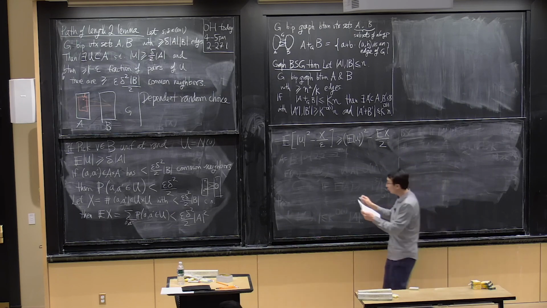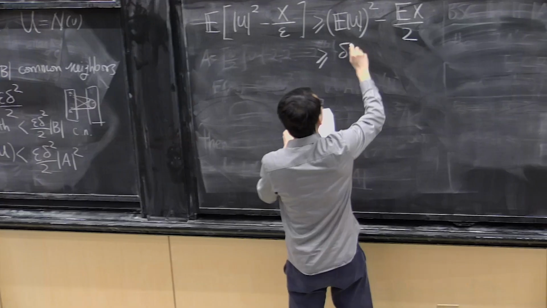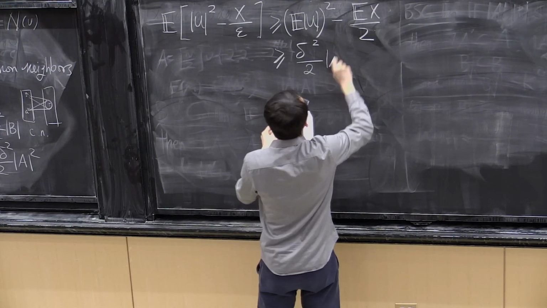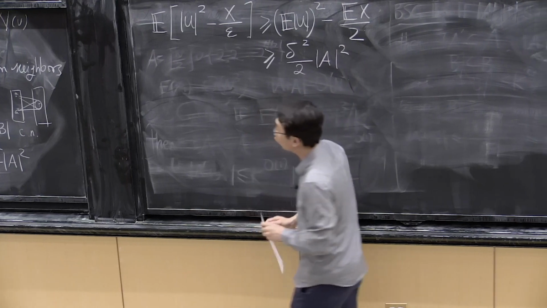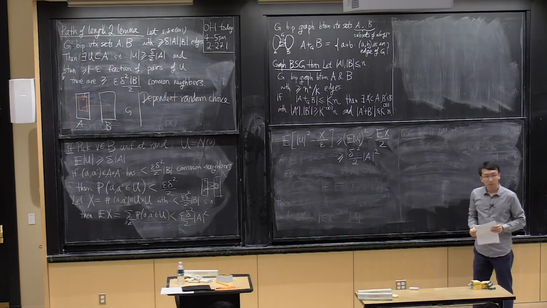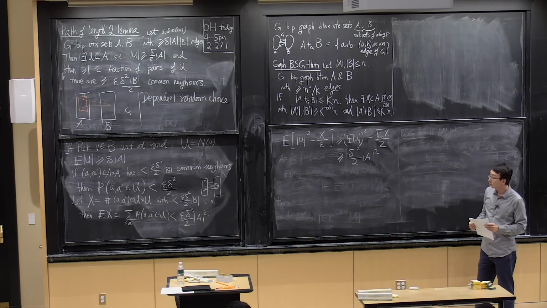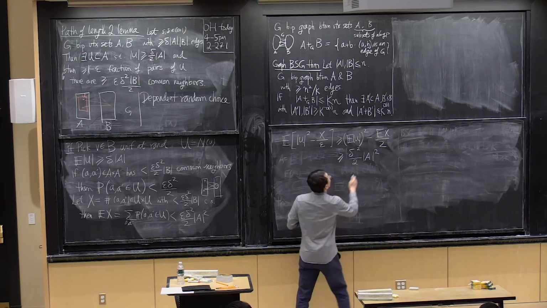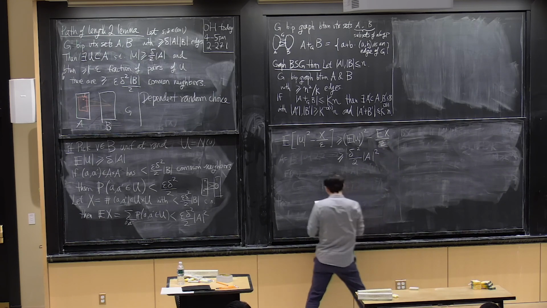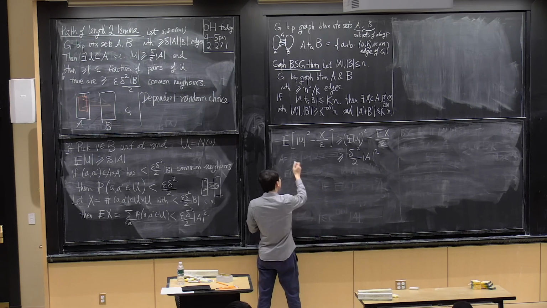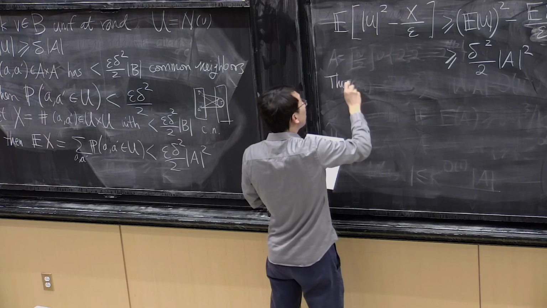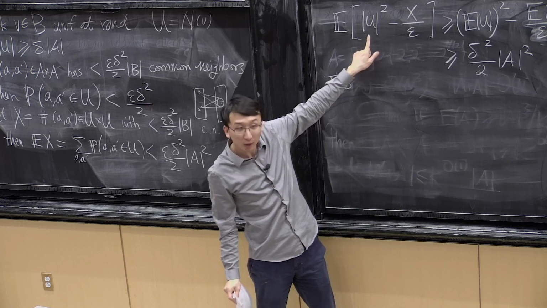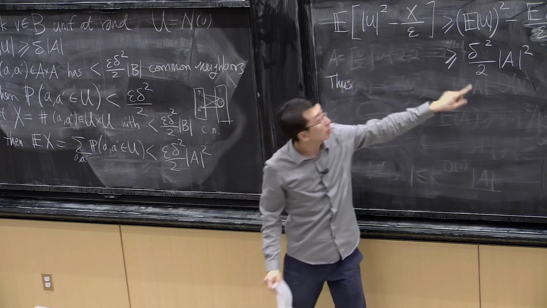So the whole expression can be lower bounded by delta squared over 2 times size of A squared. Right? So this is epsilon, sorry. Therefore, there is some concrete instance of this randomness, right, resulting in some specific U such that this inequality holds.